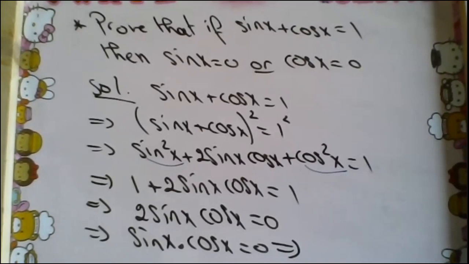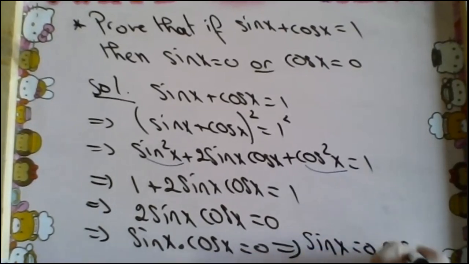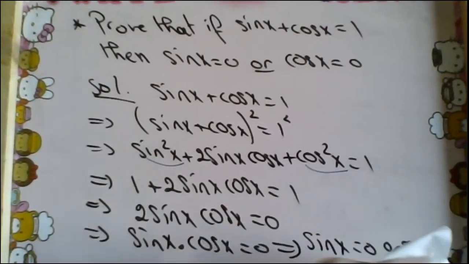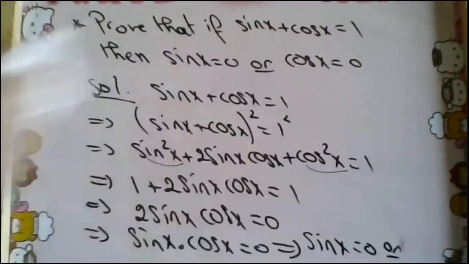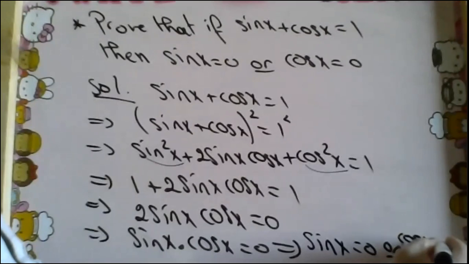What you studied in grade 8, the zero product property. Then sine x is equal to 0 or cosine x is equal to 0.